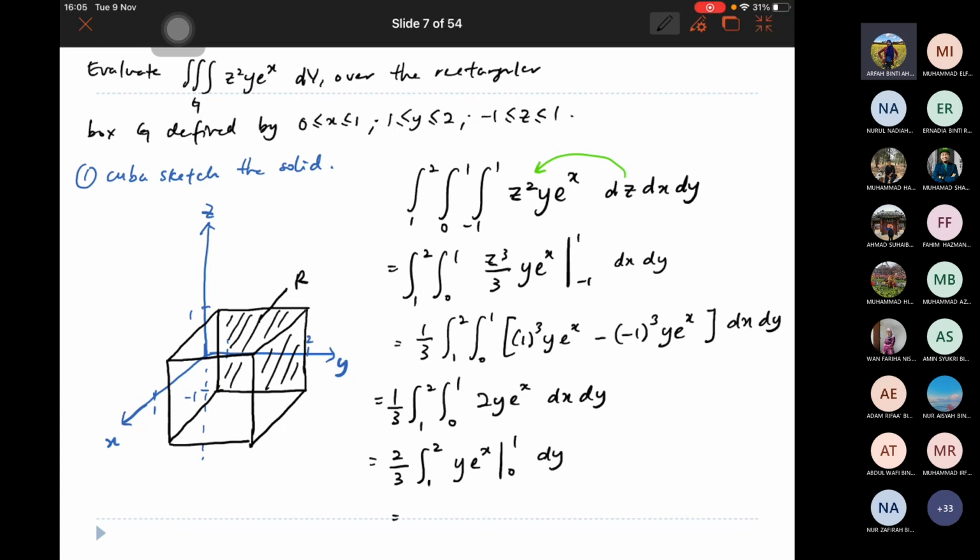Okay. Sebab integrate exponential function, sebab apa nama? Sebab integrate exponential dapat exponential juga.